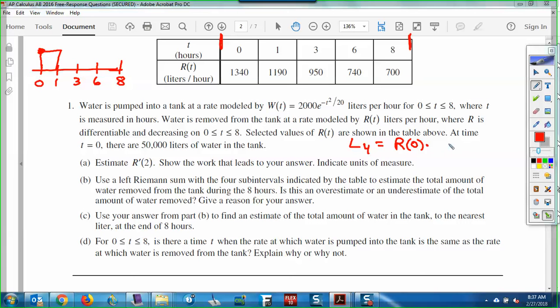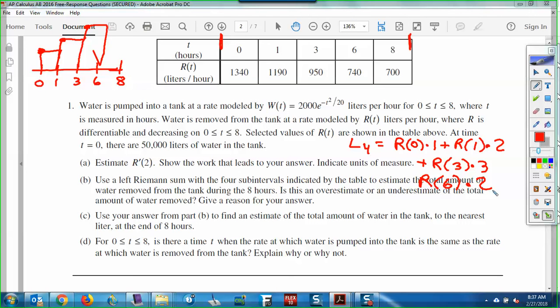Plus R of 1 times 2, and then it's going to go over to 3. Plus R of 3 times 3. That next one is going to go here and then over to 6. And then R of 6 times 2, right?